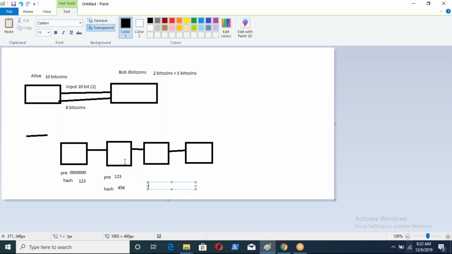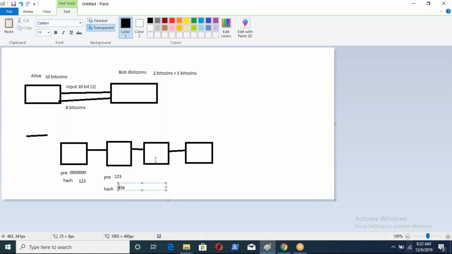Suppose I try to change anything in the second block. Obviously this hash will change, because the final hash is based on the total data or transactions in the block. If anything changes in this block, this hash changes, and that is reflected in the next block too, because the previous hash is different.